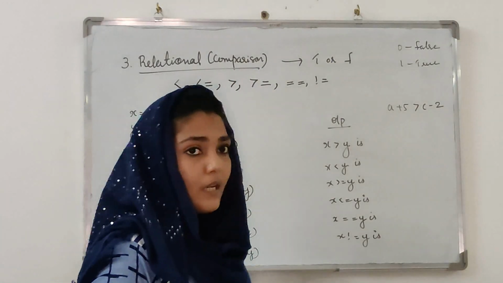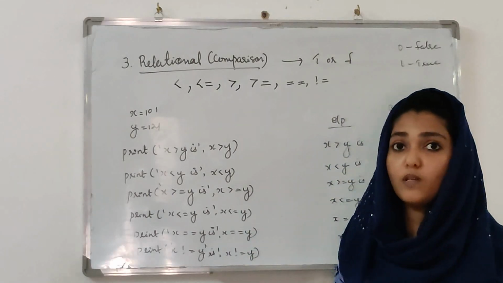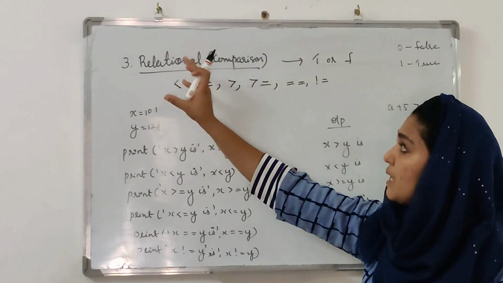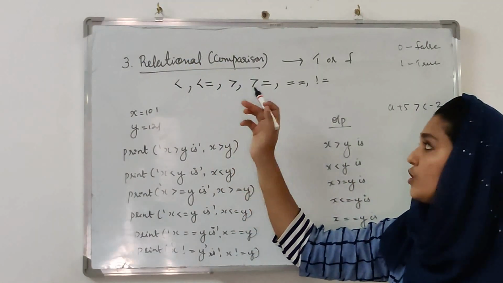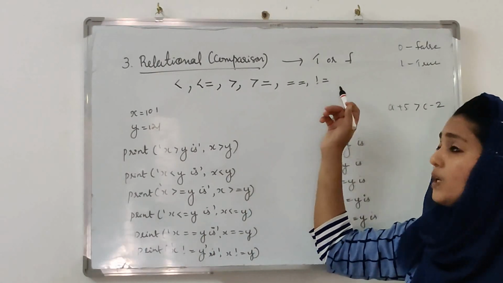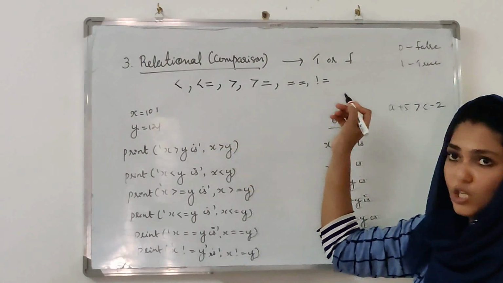So the third type of binary operator is known as relational operator, which is also known as comparison operators. What operators come under this category? Less than, greater than, less than or equal to, greater than or equal to, equal to and not equal to. So these are the six relational operators.